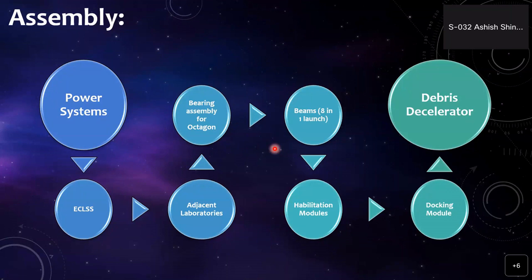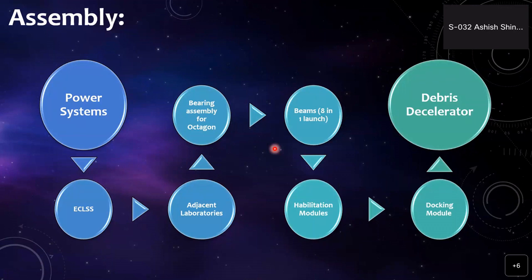A single power system module will be sent to the orbit, and then the ECLS part, which is the life support system, for supporting life on the space station for further research and development. Now, adjacent laboratories will be sent for developing research.